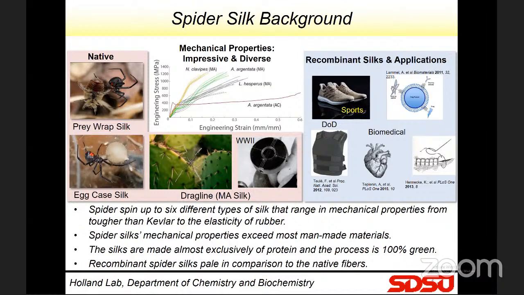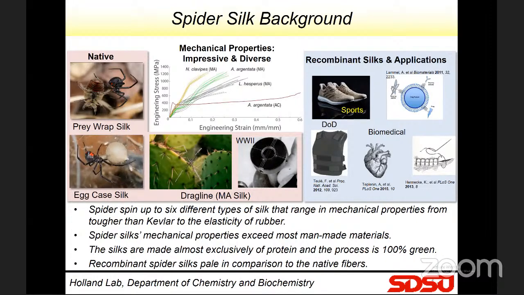So they make a library of fibers from proteins. So back to the aciniform silk, which I'm going to focus on today, you could see its extensibility is over double that of the dragline silk, and it's actually about 50% tougher than dragline silk. So this is a tougher material than the one that you've heard about.